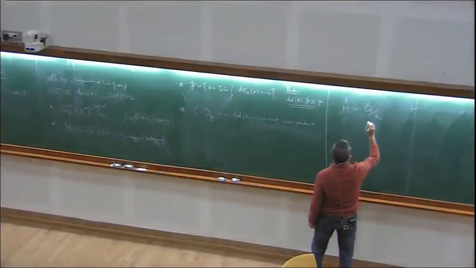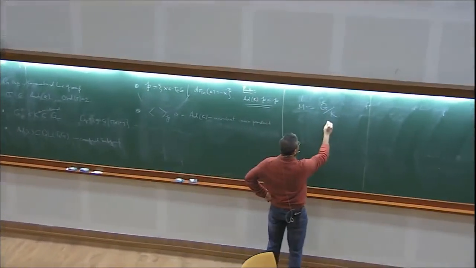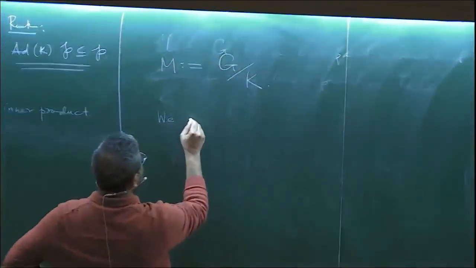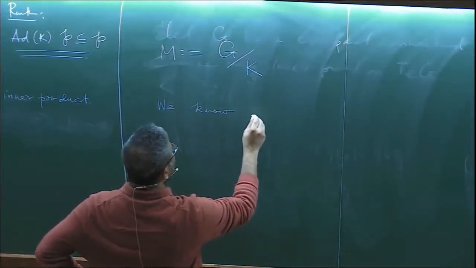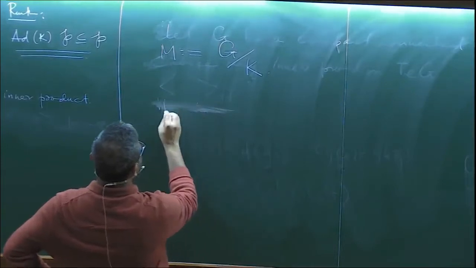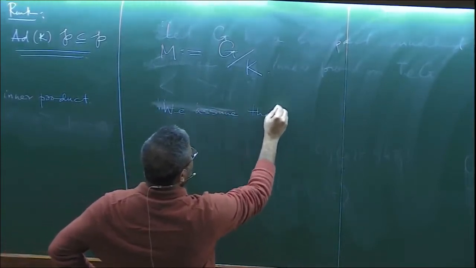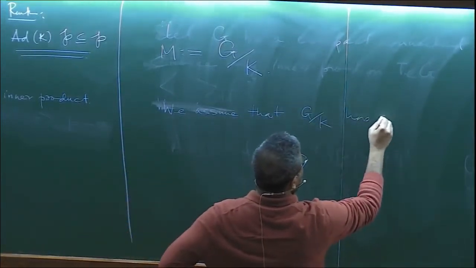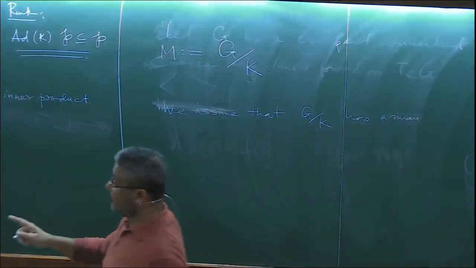All right. So we assume a fact which is not so trivial to prove, that G mod K has a manifold structure. And that is true for any group and any closed subgroup.